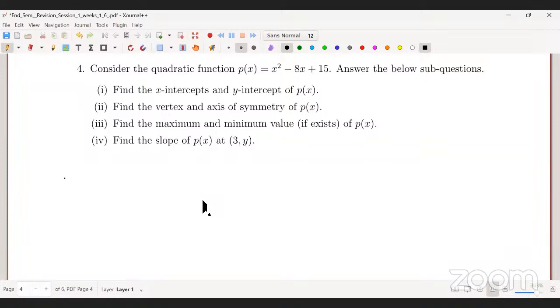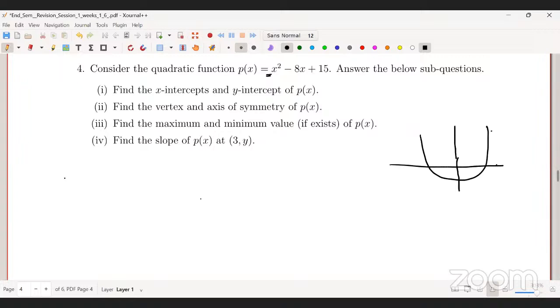Okay, so can one of you tell me whether this parabola is opening upward or downward by just looking at the equation? Upward. Upward. Yes. So as you can see, it's not negative. The coefficient of x square is precisely positive.